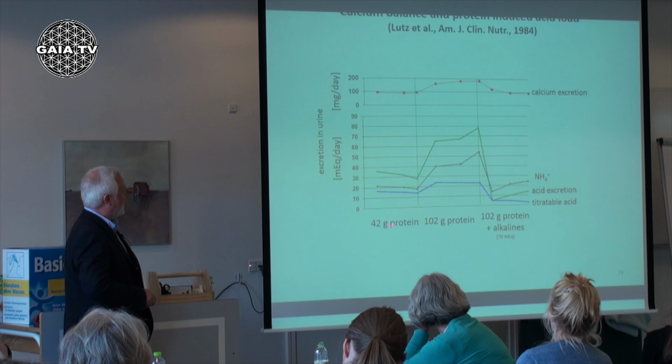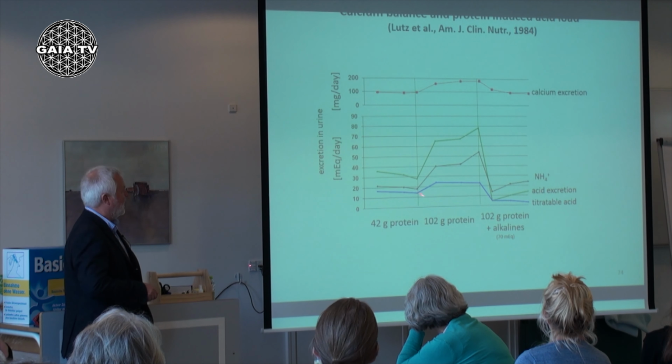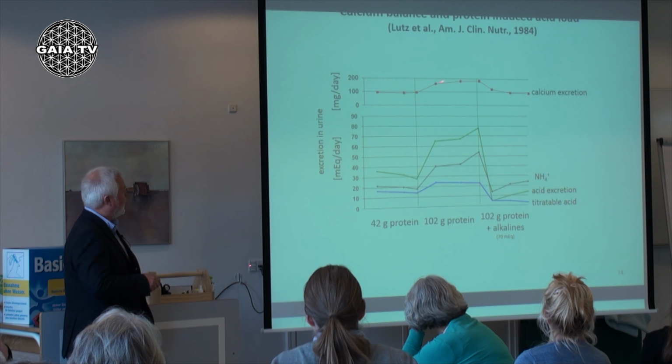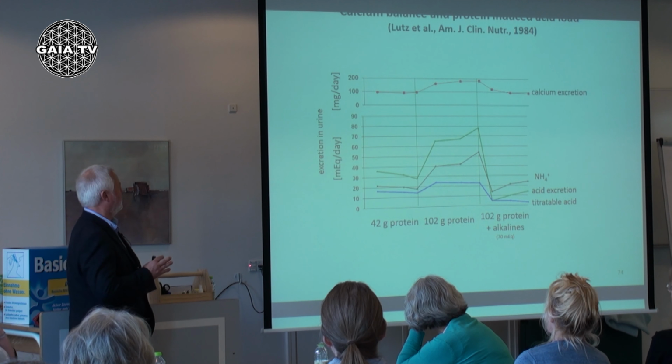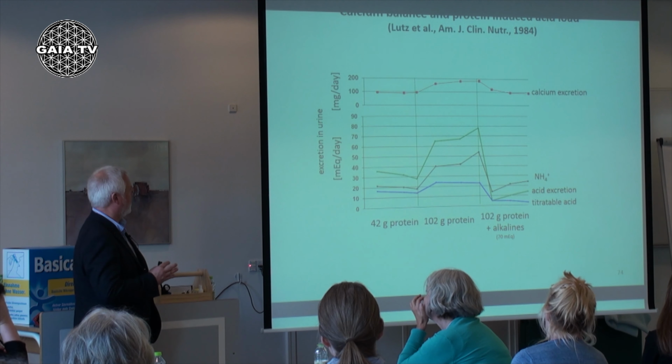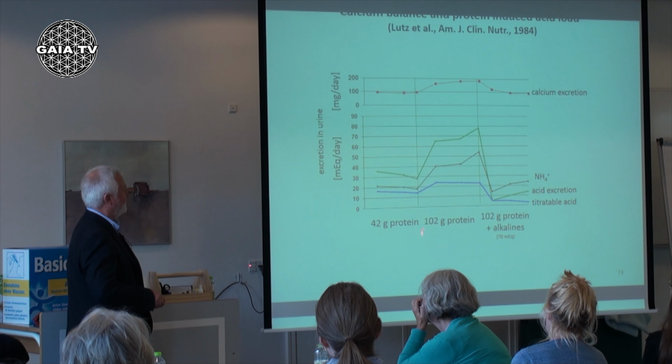Then the diet in these people was changed to more protein, so more acidic. And you see the acid excretion parameters significantly go up, but also the calcium goes up. And this study was carefully supervised so that really the calcium intake was absolutely the same. Also the absorption was the same. This was investigated. But you see there's an increase in calcium, nearly a doubling.